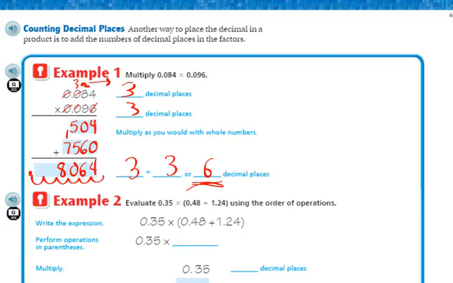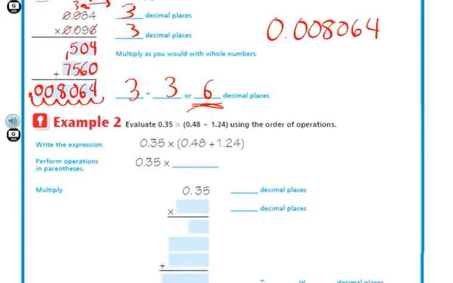You'll notice I have 2 spots that need to be filled. We occupy those with zeros. So we are looking at an answer of 0.008064. Finalized answer. Lots of decimal points.